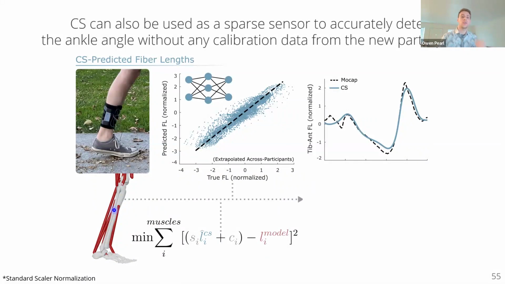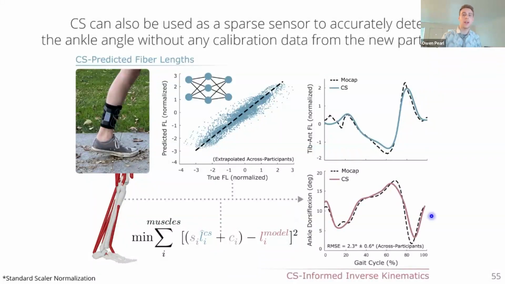So we can track with a model the fiber lengths that are normalized and predicted through our neural network, in this case across participants, and then we can let an optimizer select the scale and centering factor to unnormalize this signal while it's tracking it with a musculoskeletal model. So we can do this kind of unnormalizing inverse kinematics approach.